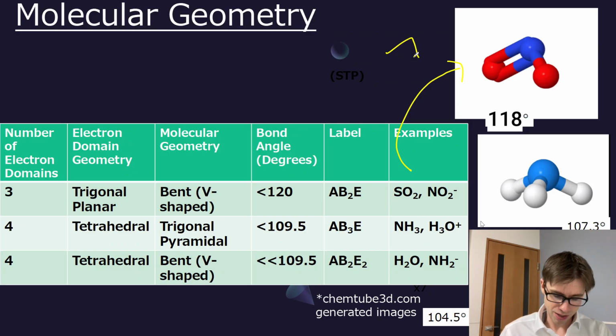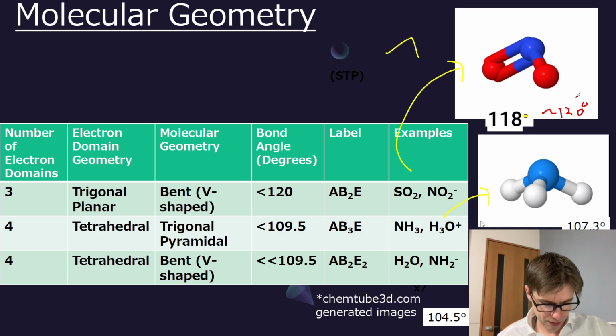That means they're going to have AB3E label. One of those bonding pairs changes to E, and that non-bonding pair, E, pushes away the bonds from it. So our bond angle in this ends up being less than normal, less than 109.5. And you can see that on my slide here in the middle, it's maybe about 107.3.